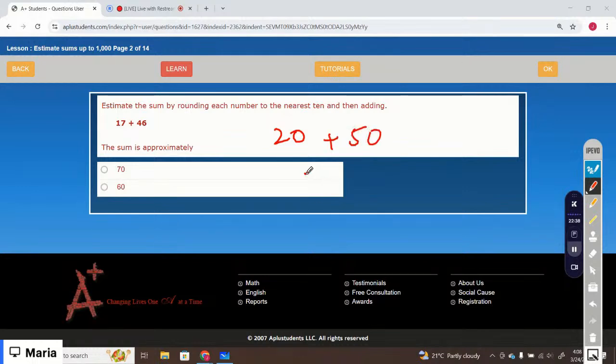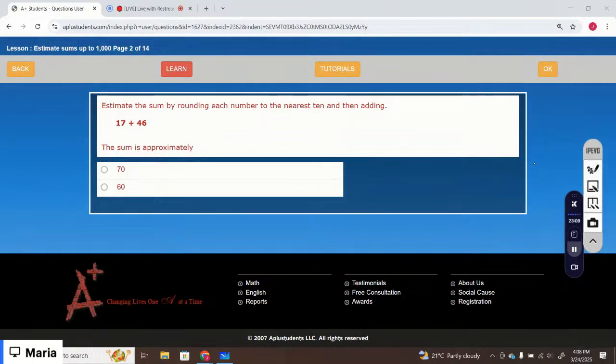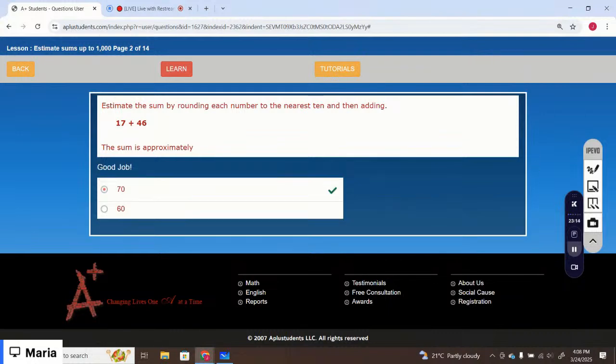So their estimated sum is 70. The correct option is 70. Option number 1 is the correct option. 70 it is.